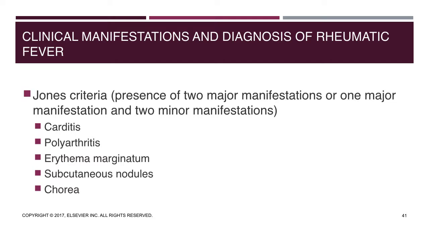People with mild cases of chorea may find it difficult to concentrate or to write. And in more severe cases, it can cause the muscles of the arms, the legs, and the face to twitch uncontrollably. It can also be associated with muscle weakness and emotional outbursts.